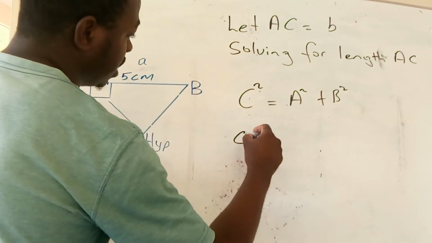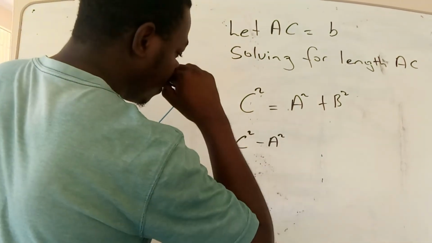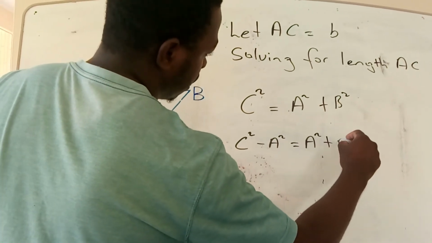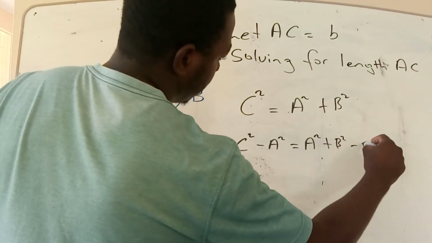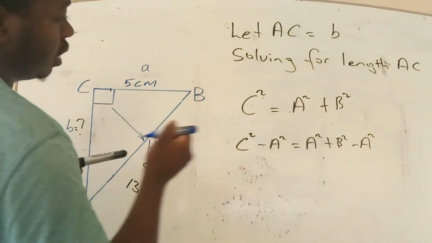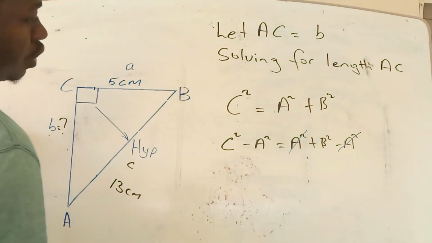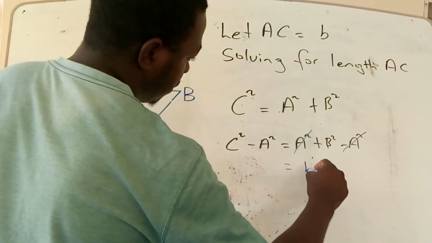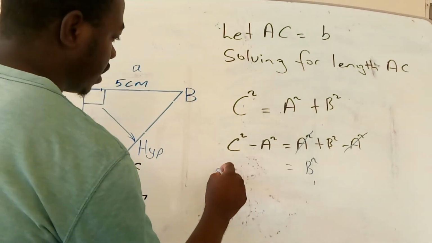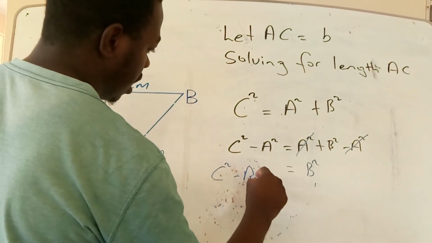So you're going to say that C squared minus A squared is equal to A squared plus B squared minus A squared. Now clearly, A squared minus A squared gives us 0. So all we're left with is B squared on this side, and on the other side, C squared minus A squared.